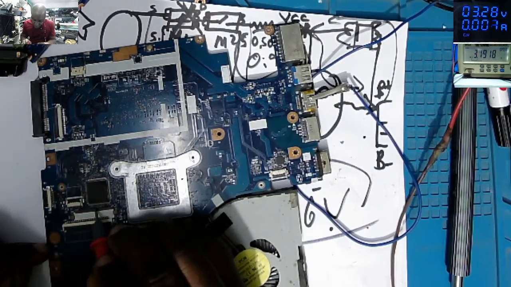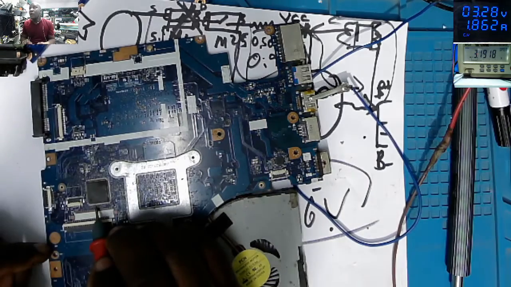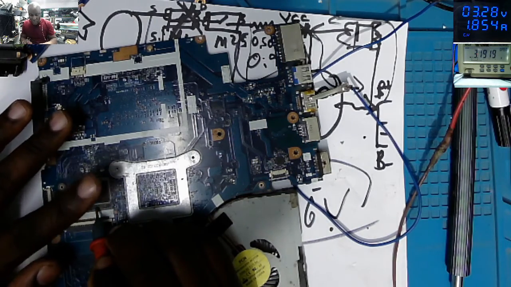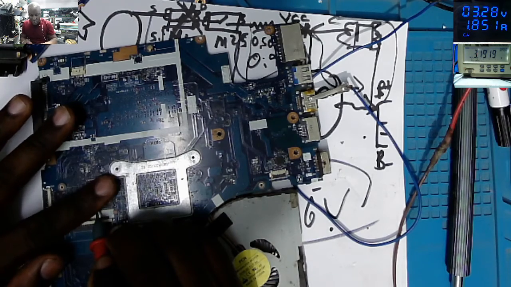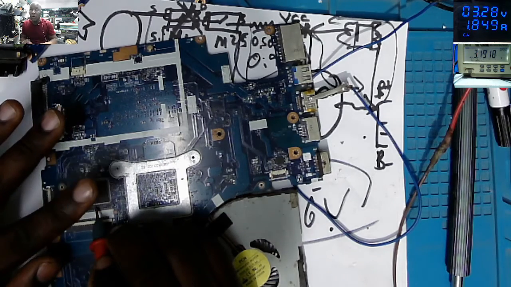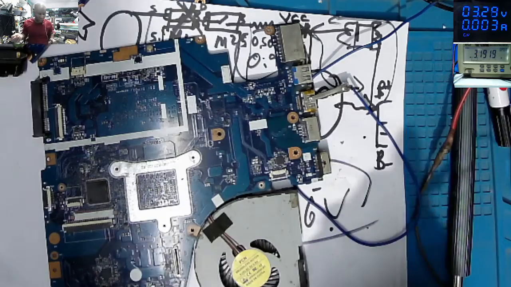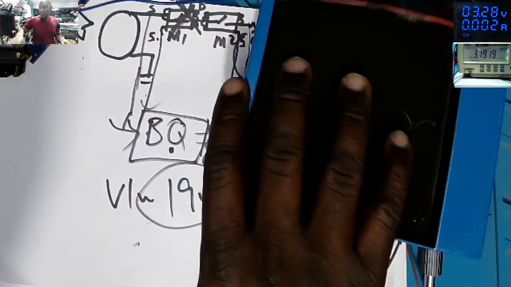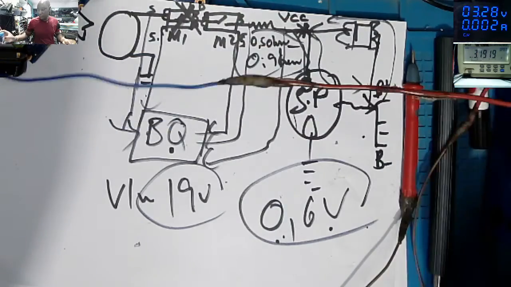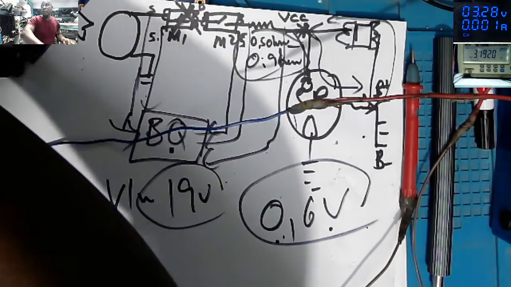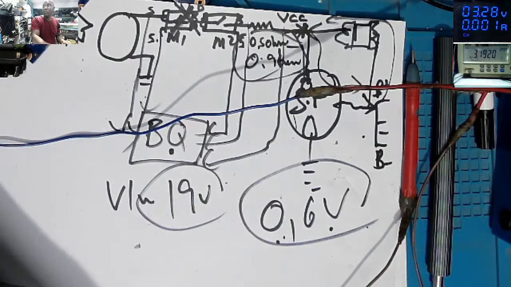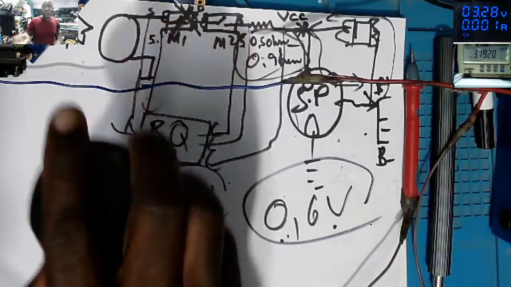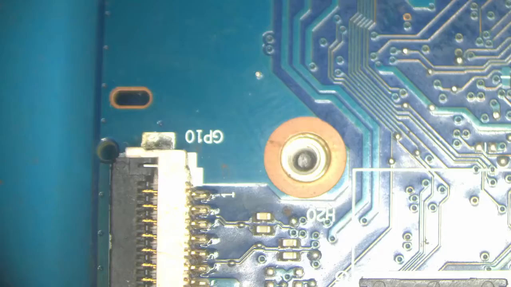Let's come with power, and it's taking 1.8. Yeah, the EC chip is gone. Trust me. It is gone. Let's go on a microscope together.